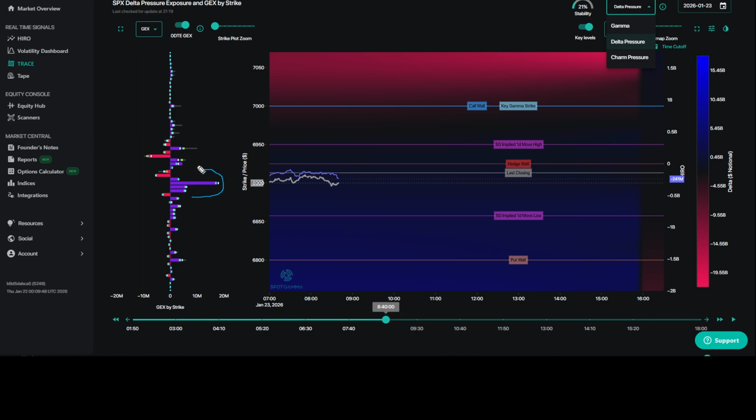Why? Because delta is the simple difference between put and call in a ladder, but gamma is the change of the delta at that level.